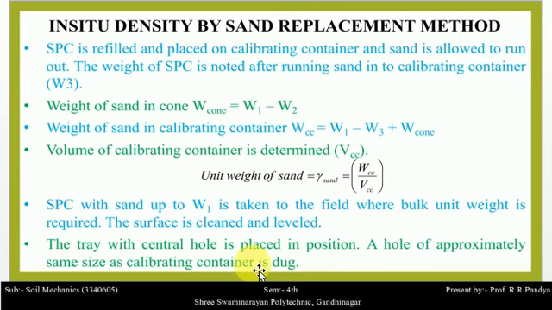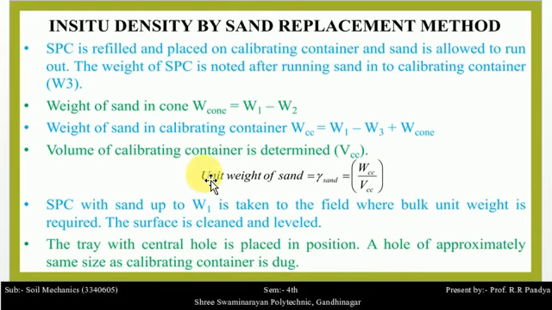Weight of sand in cone is equal to W1 minus W2, which is Wcone. Weight of sand in calibrating container is equal to W1 minus W3 minus Wcone, which is Wcc.